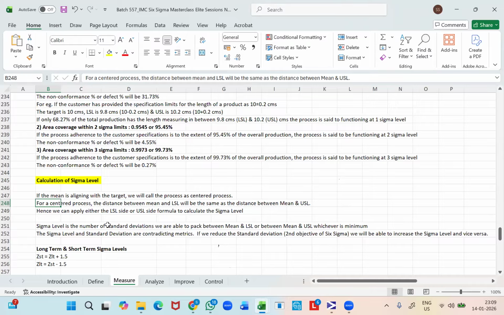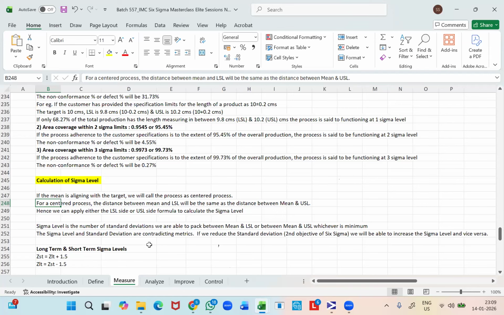And hence, we can apply either the LSL side or the USL side formula to calculate the sigma level. And then conceptually speaking, what exactly is sigma level? So sigma level is the number of standard deviations we are able to pack between mean and LSL or between mean and USL, whichever is minimum. So the minimum will not arise if the mean is aligning with the target.